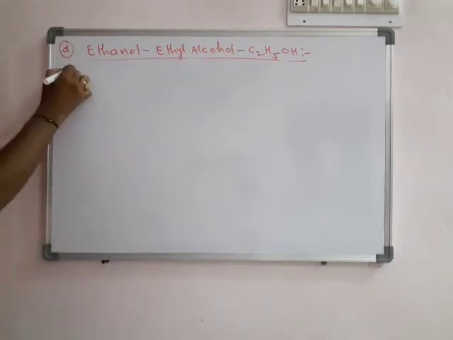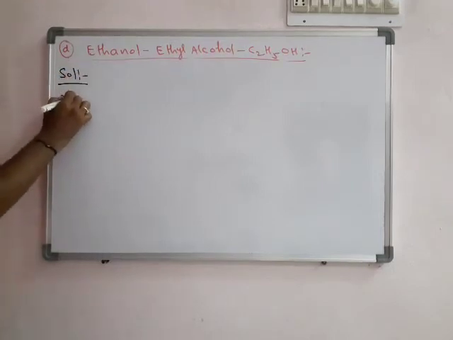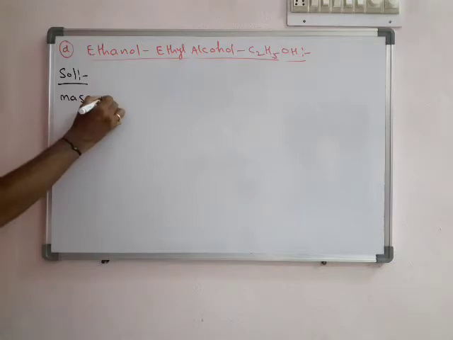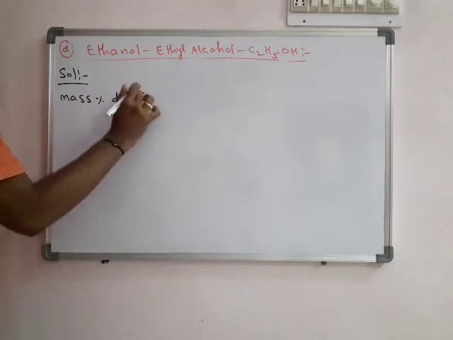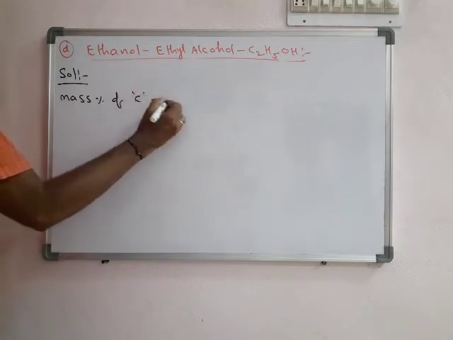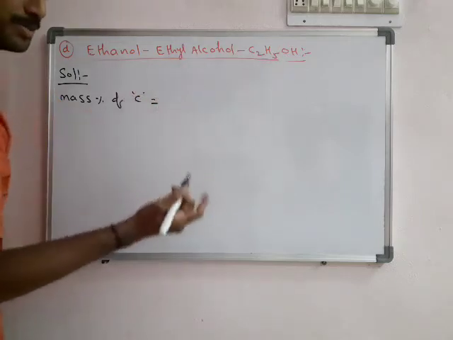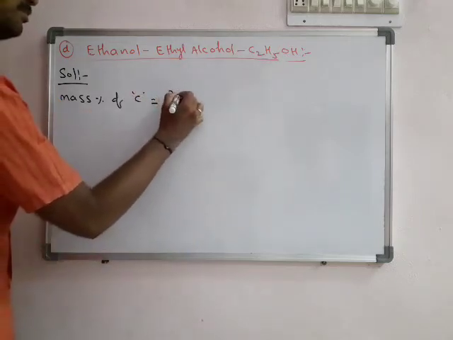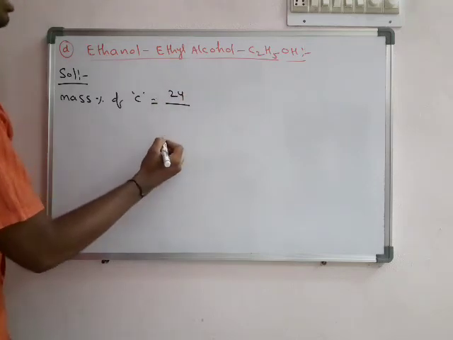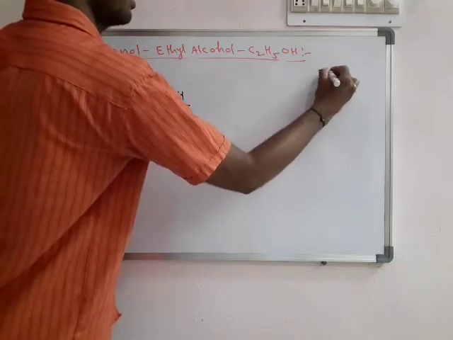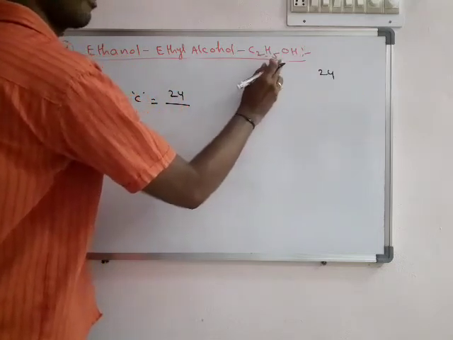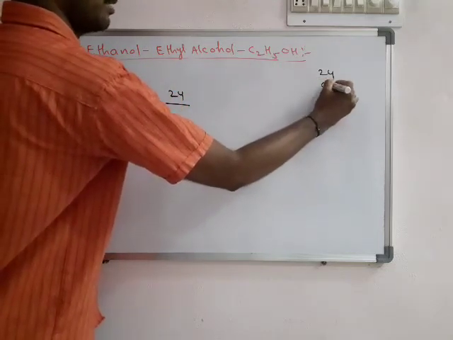Again we have to calculate the mass percentage of all atoms. First we see the carbon. How many carbons are there? There are 2 carbons. 2 carbons means how many grams? 24 grams. But what is the total mass? 2 carbons, 24, 6 hydrogens, 6.